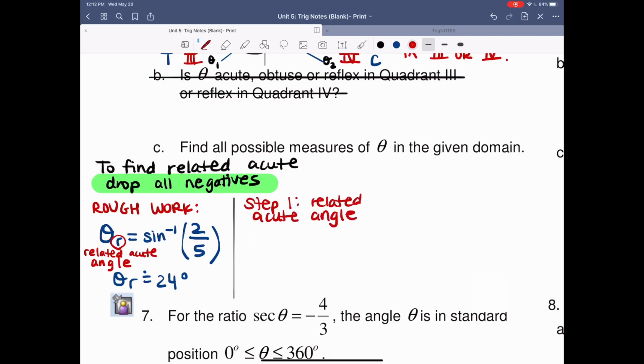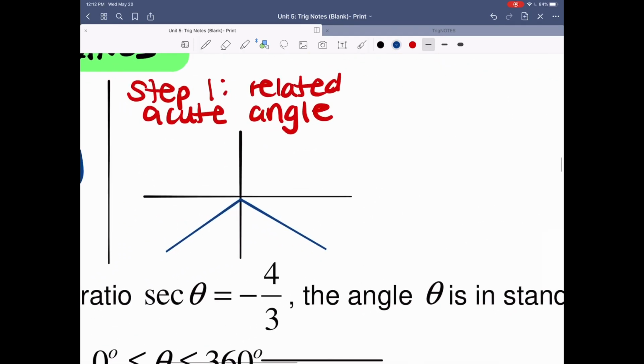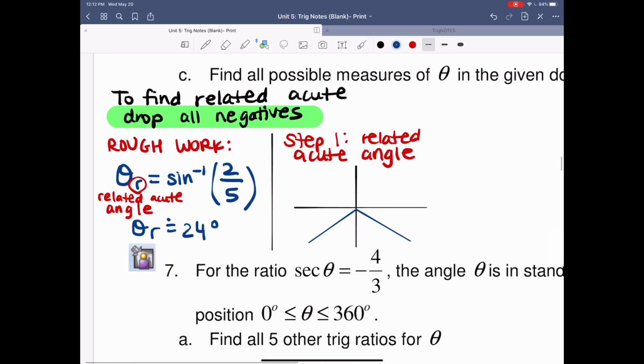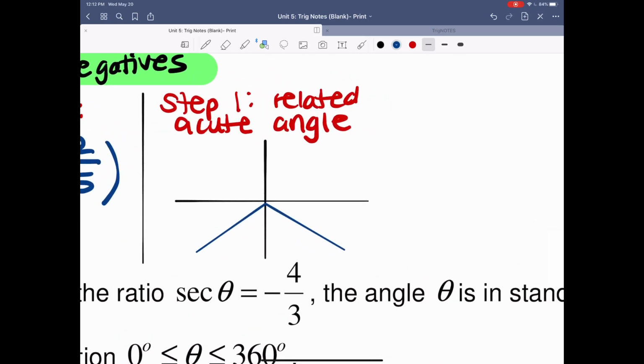Because that part was my rough work, and now this is my official step 1, related acute angle, y-axis, and we already know that it's in these quadrants based on our drawing before. Based on my rough work, I know that my related acute angle is 24 degrees.